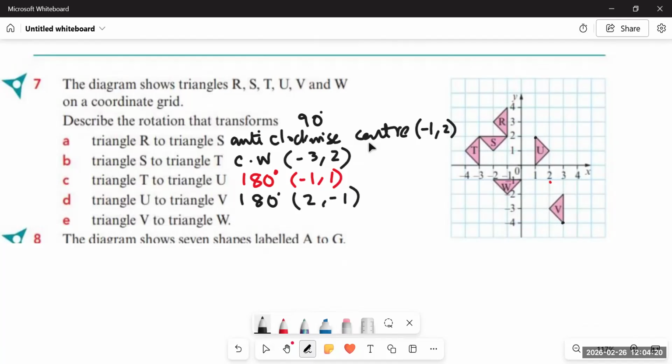The next triangle V to triangle W. Let me talk about these corresponding sides. No, it is not 180 degrees. So let's see what rotation is this.